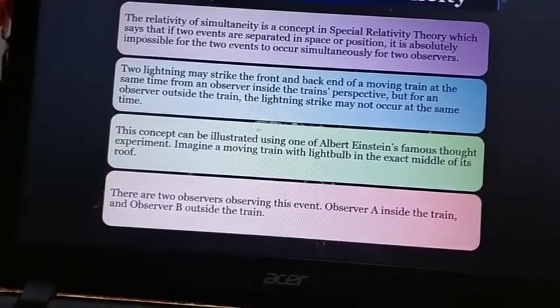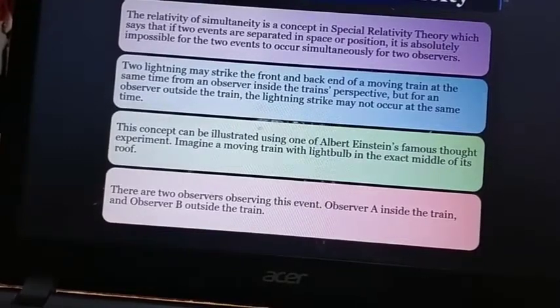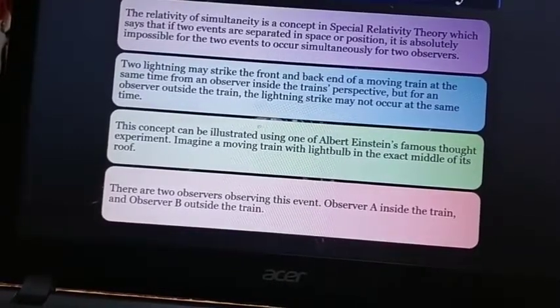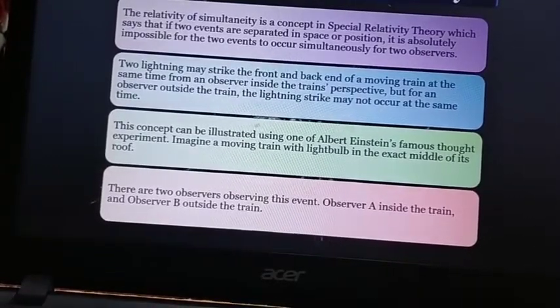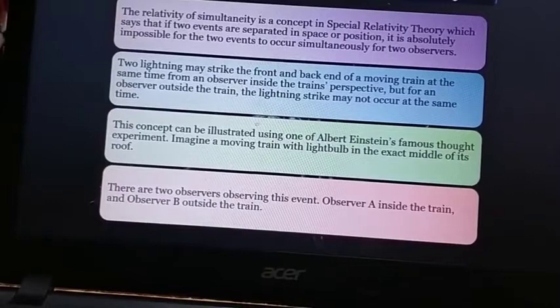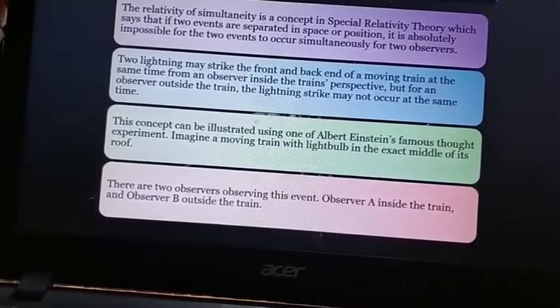Hindi daw pwede yun. Halimbawa daw, yung two lightning may strike the front and back end of a moving train at the same time from the observer inside the train perspective, but for an observer outside the train, the lightning strikes may not occur at the same time.